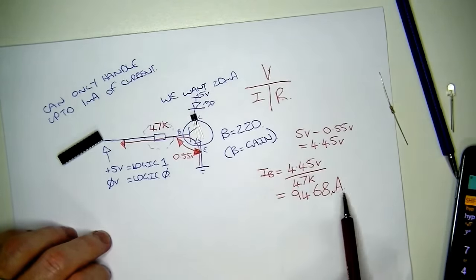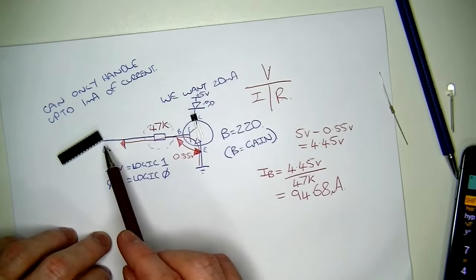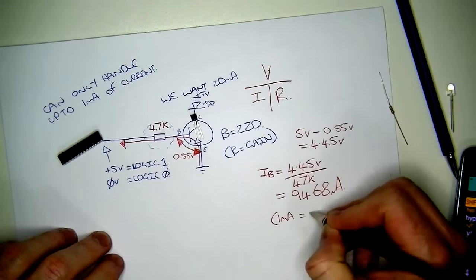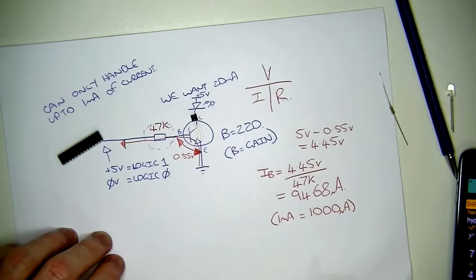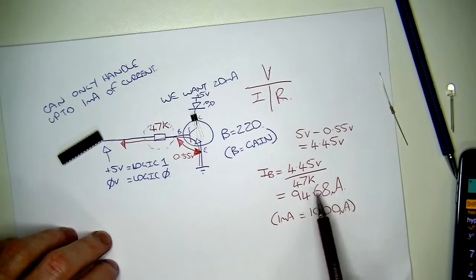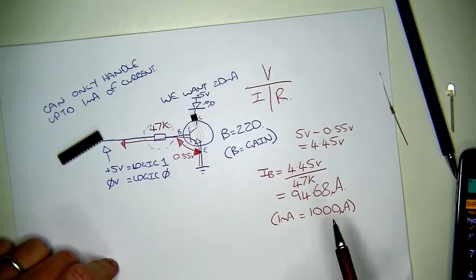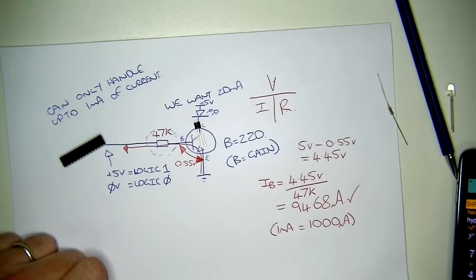So that's well within limits, because we've just said that this port pin can handle up to 1 milliamp. 1 milliamp is the same as saying 1000 microamps, where with this value of resistor, we're only sitting at 94.68 microamps. So we're well under the 1000 microamp limit. So that is all good as far as the microcontroller is concerned.